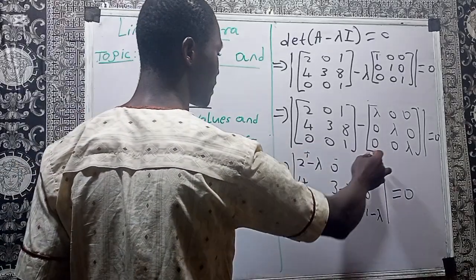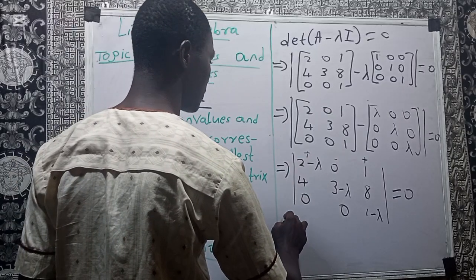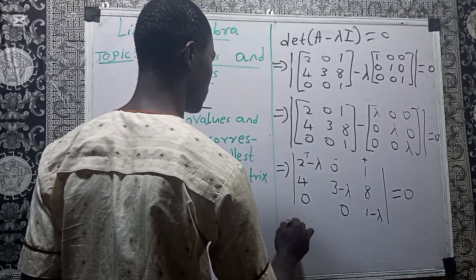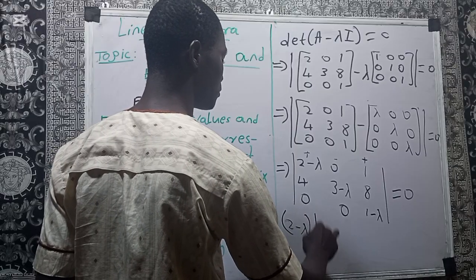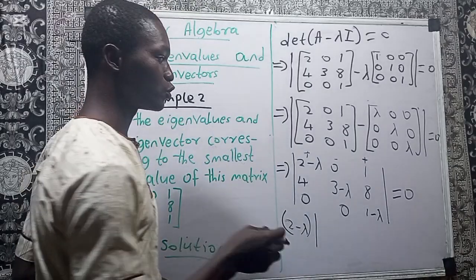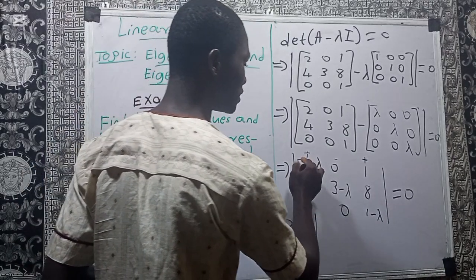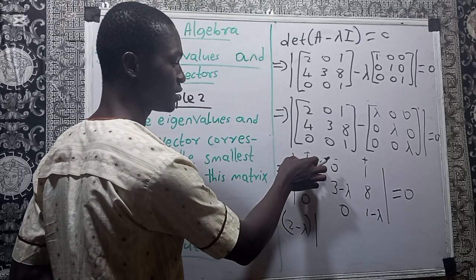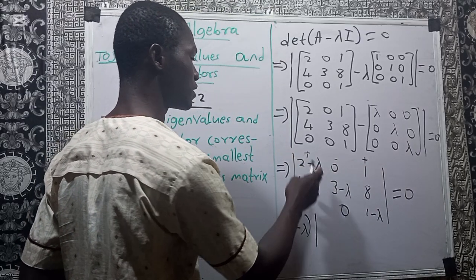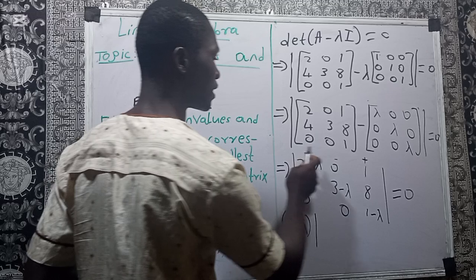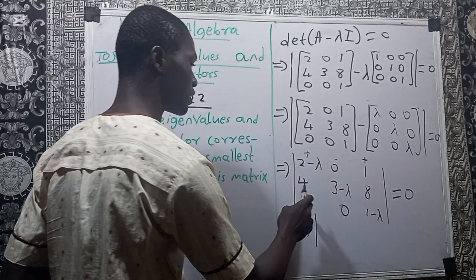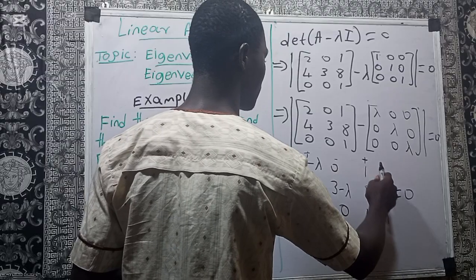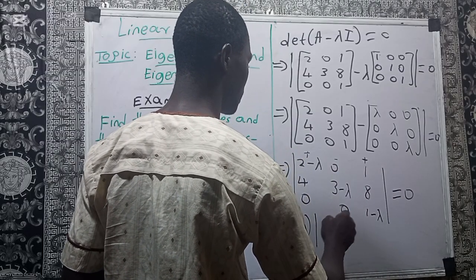Since we are following the first row, you pick the first entry, that's 2 minus lambda. Then you take the determinant of the matrix left after you close the row and column where this first entry appears. It appears at row 1 and column 1, so you close row 1 and column 1. What remains is this 2 by 2 matrix.